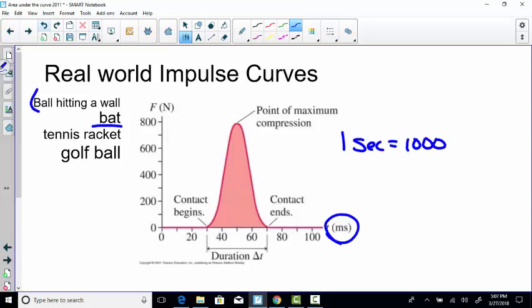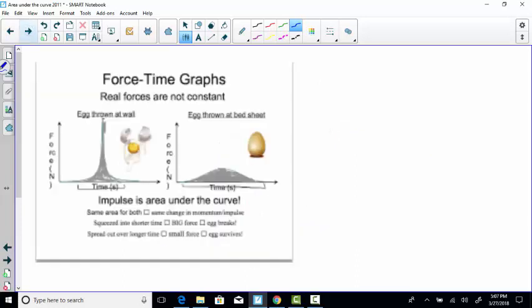So what you're going to do for a homework assignment is you are just going to calculate some areas underneath some curves. Very simple and straightforward. I wanted to show you this, but it didn't come out very well. This is a force versus time graph for, and I know you can't read this, an egg hitting a wall. And so if an egg goes up and hits the wall, it's got a very, very short time.